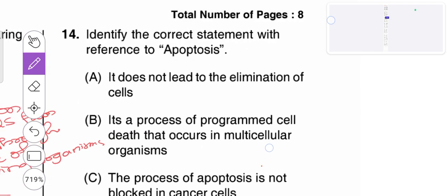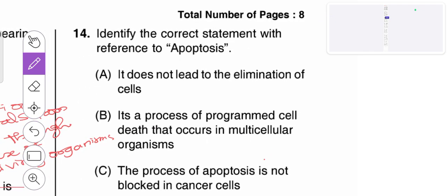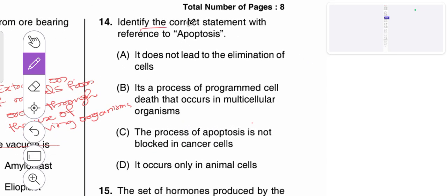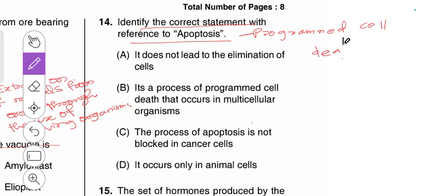The next question, the 14th one: identify the correct statement with reference to apoptosis. Here apoptosis means programmed cell death. They have given some points regarding apoptosis.